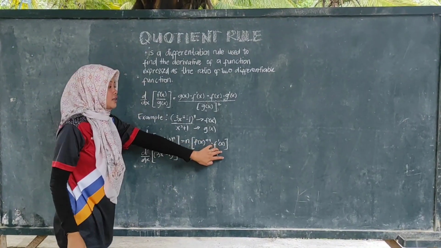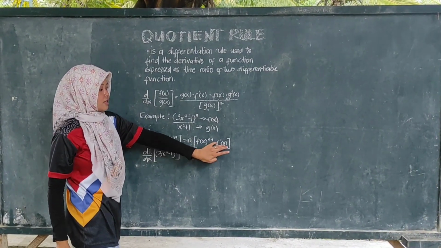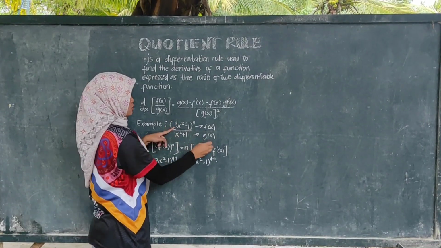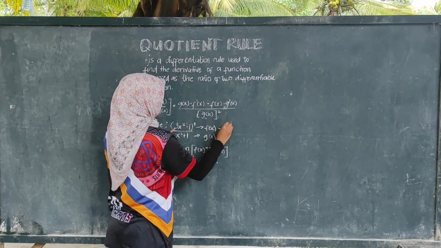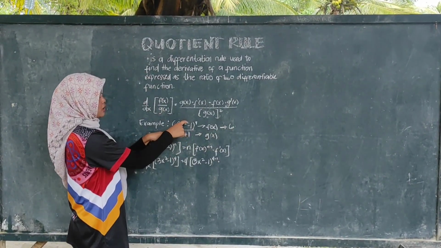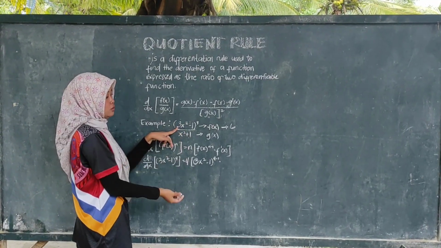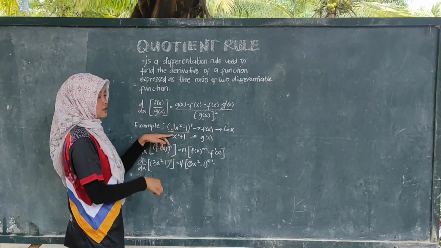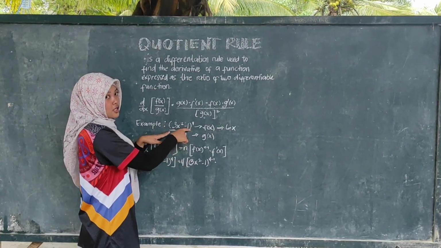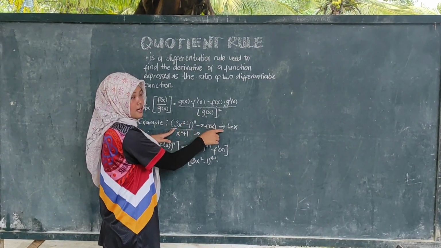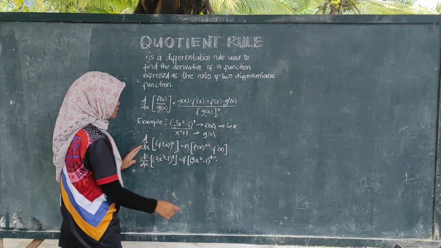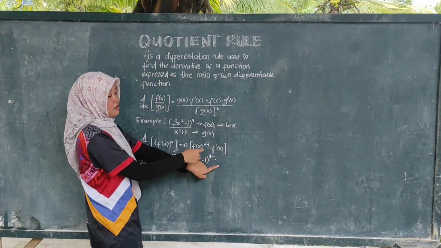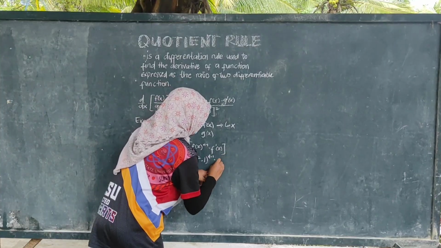So now we will find the derivative of f of x first. So 2 times 3 is equal to 6, and 2 minus 1 is equal to 1. So that's why 6x. In the derivative rule, the constant is equal to 0, so it became 6x. So now the f prime of x is equal to 6x.